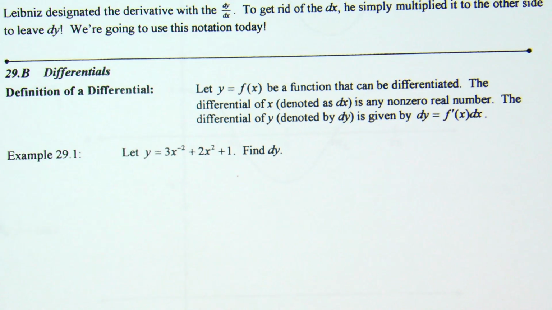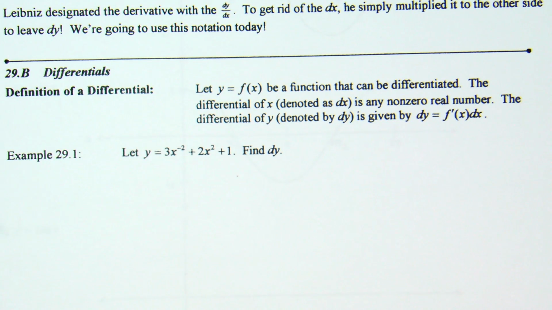Eventually you will learn some functions, or some specific points on functions, where you cannot take the derivative. That's to come at a later time though. The differential of x, denoted as dx, is any non-zero real number. The differential of y, denoted as dy, is given by dy equals f prime of x dx.